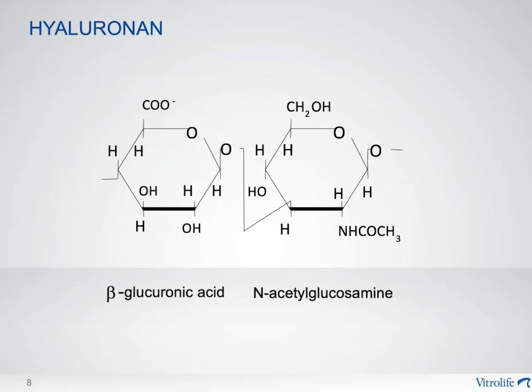So this is hyaluronan. It's a very elegant compound. It's a glycosaminoglycan, but it actually lacks a protein moiety, and therefore technically you could say it's a polysaccharide of repeating units of beta-glucuronic acid and N-acetylglucosamine. It can exist in short-chain oligomers, but it can also exist in large macromolecule forms, up to 10 million kilodaltons in size.